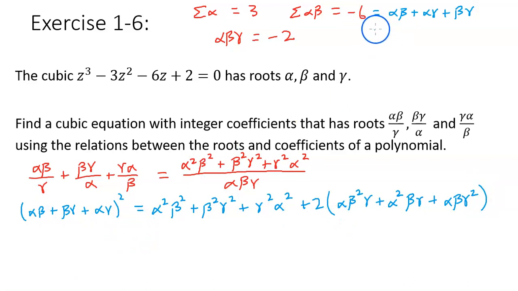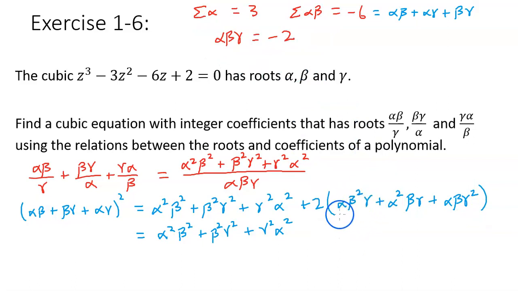Just to arrange this in a nicer form, it's still equal to alpha squared beta squared, plus beta squared gamma squared, plus gamma squared alpha squared. But there's a nice little factorization we can do here to get everything in terms of things that we already know the answer to.